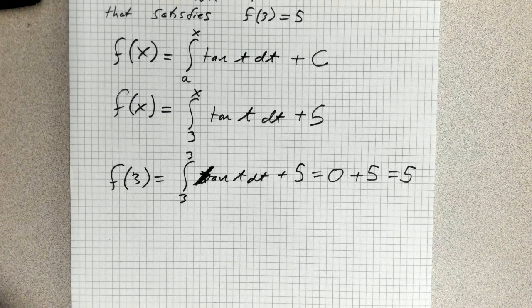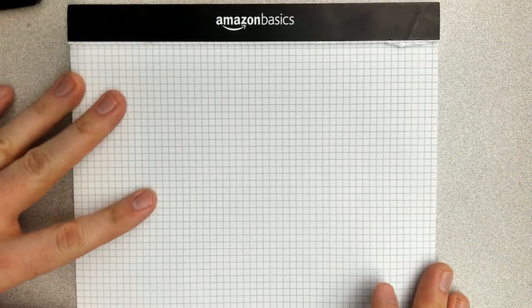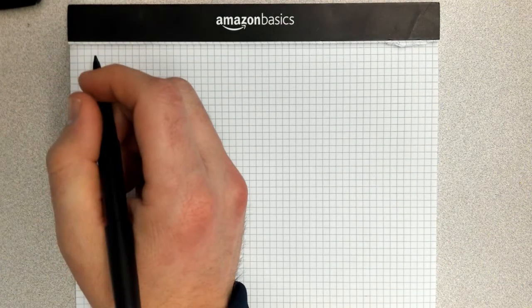Okay, so now I'm thinking that we should do another one of those. Let's do one more of those and we'll call it good. So you should try this one on your own and see how it goes. We want to have the same instructions.